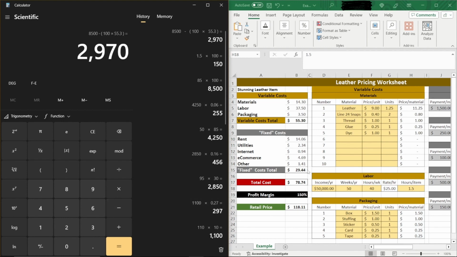So let's subtract our fixed cost, all right, rent, utilities, e-commerce, stuff like that, minus 100 times 23.44, close parentheses, $626 is your profit. Some of you at this point are thinking, oh, it's not worth it.